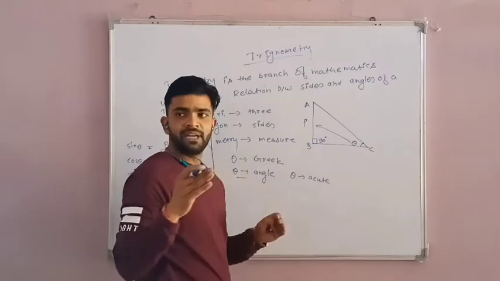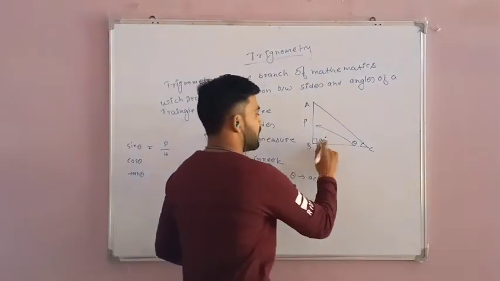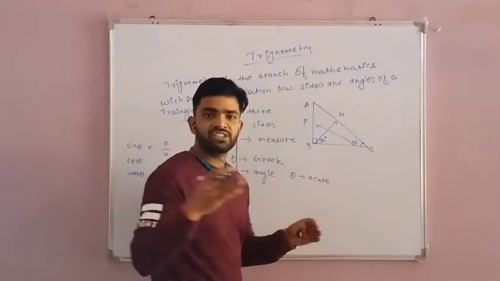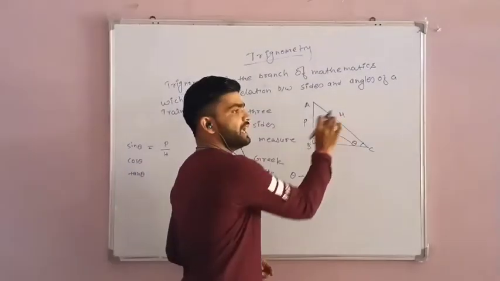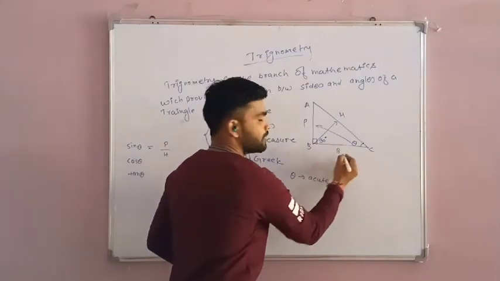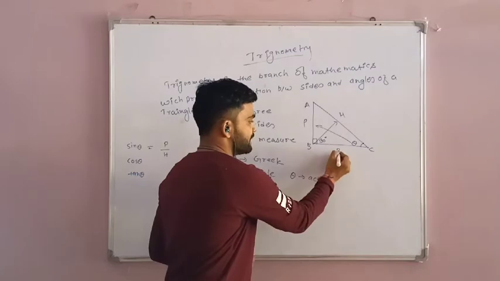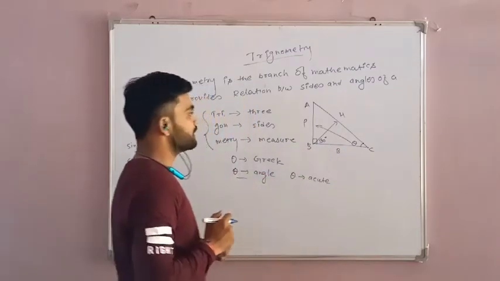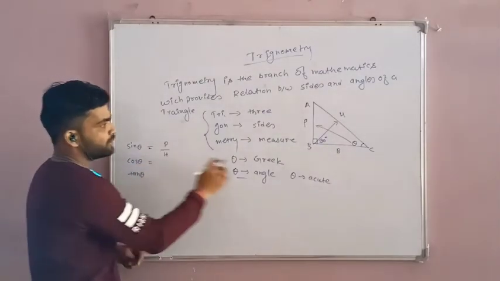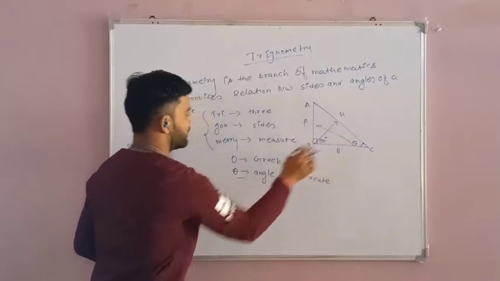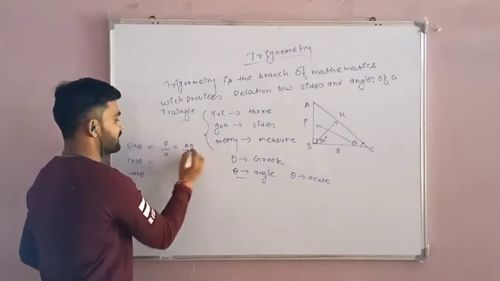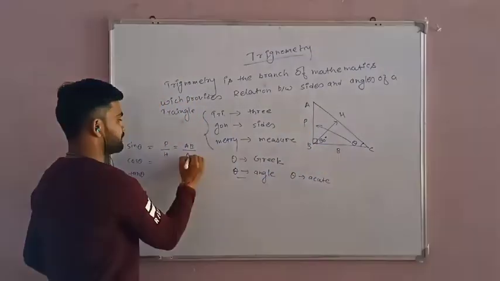And opposite to the 90 degree angle is the hypotenuse, the longest side of a right triangle, represented by H. This is the hypotenuse, and the remaining side BC is the base of the triangle, represented by capital letter B. So the ratio of perpendicular upon hypotenuse is called sin theta. Perpendicular is AB and hypotenuse is AC.